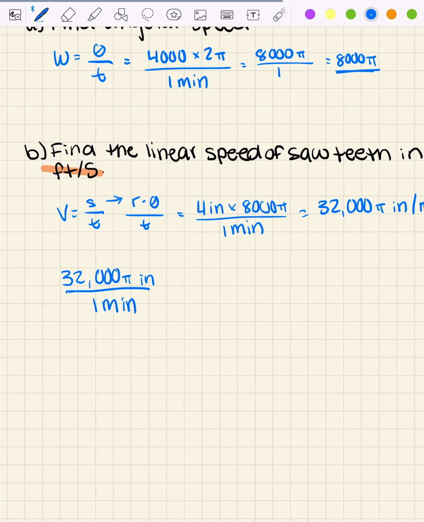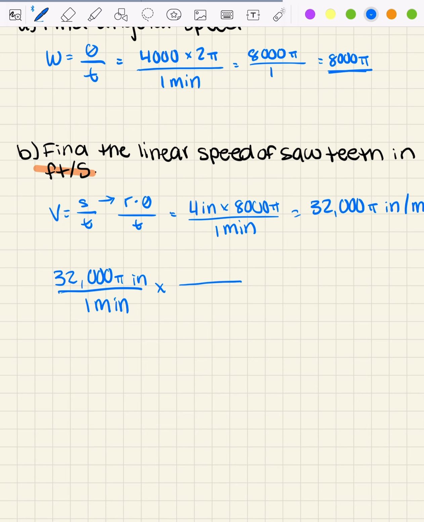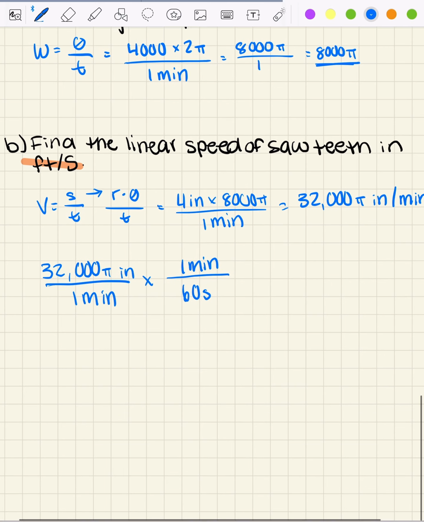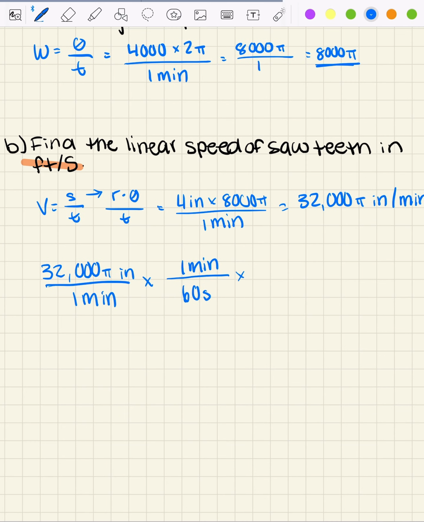So when we're trying to cancel out units, there needs to be a unit in the numerator and the denominator for that unit to cancel out. So we can start with minutes. So since minutes is in the denominator, we're going to put 1 minute on top. That way, minutes cancels out. And so in 1 minute, there's 60 seconds. So those cancel.